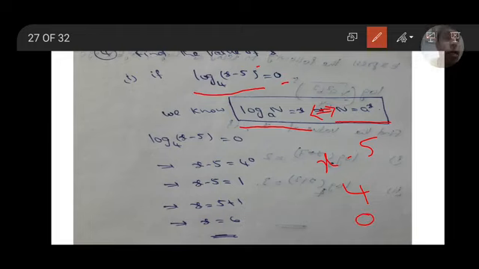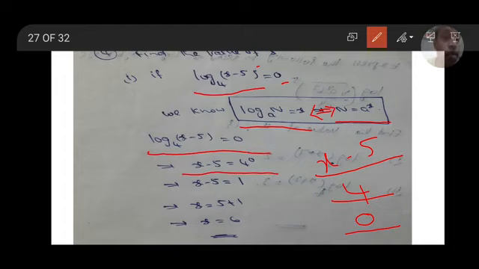By using that, log n to the base a equal to x implies n equal to a to the power of x. By using the property, capital N equal to x minus 5 and a equal to 4 and small x equal to 0. So log x minus 5 to the base 4 equal to 0 can be written as x minus 5 equal to 4 to the power of 0. What is the 4 power 0 value?